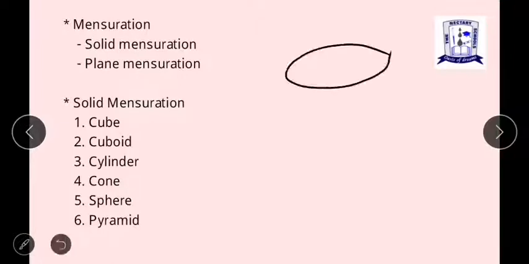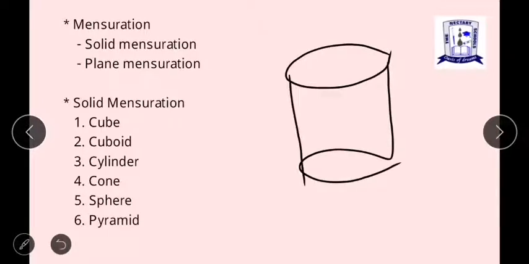An example of such a shape is a cylinder. For a cylinder, take for instance a tin of milk. A tin of milk has the shape of a cylinder, right? If you see the top of a tin of milk, can you see the bottom?